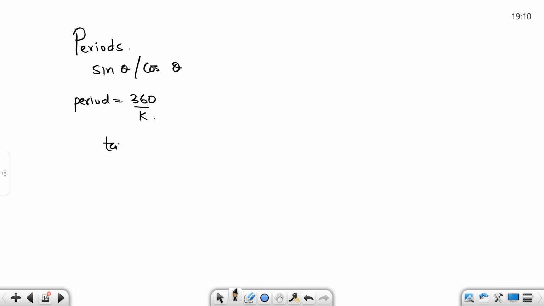But when it comes to tan theta, the period of the graph is 180 over k. Tan is always the half. It's 180. Are we okay, everybody? So please take note of this. What are we looking for? Period of f of 2x. Which one is f again?